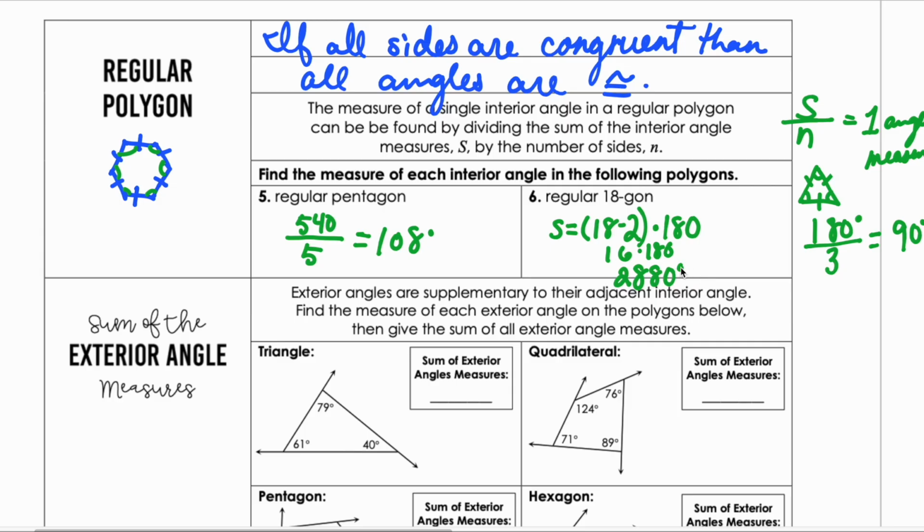Now I'm not done because this is just the sum of all of the interior angles. I still need to divide that by however many angles there are to find the value of one angle. So if I take this and divide it by 18, one interior angle will be 160 degrees.